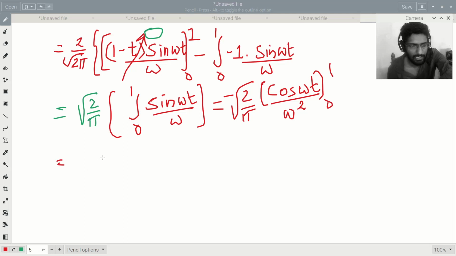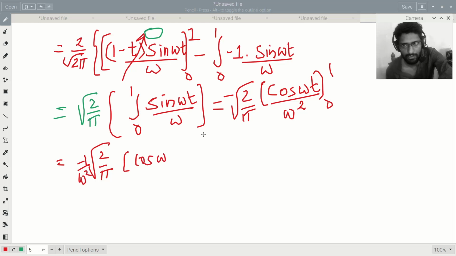Now apply the limits. We take that omega square also, 1 by omega square into root 2 by pi. Then cos omega, put the upper limit, t equal to 1, cos omega, minus the lower limit, cos 0.